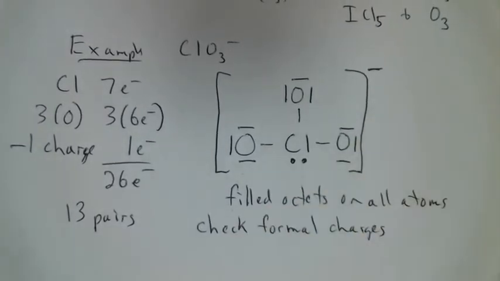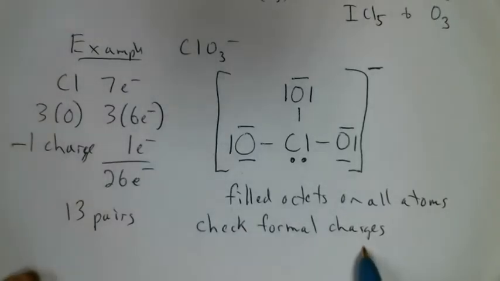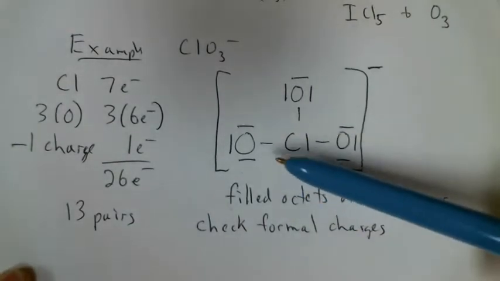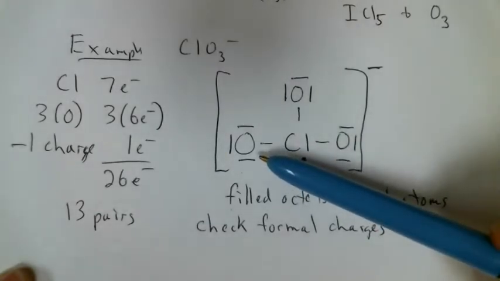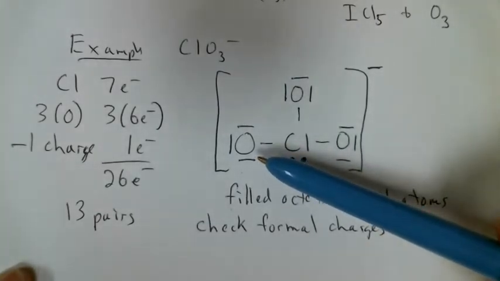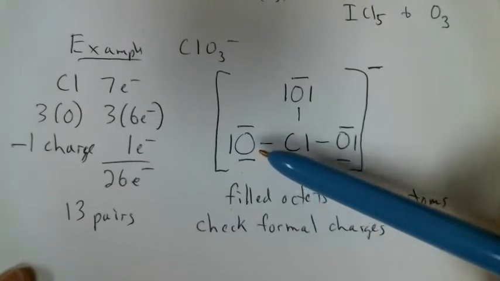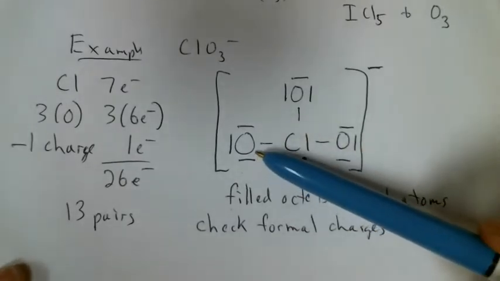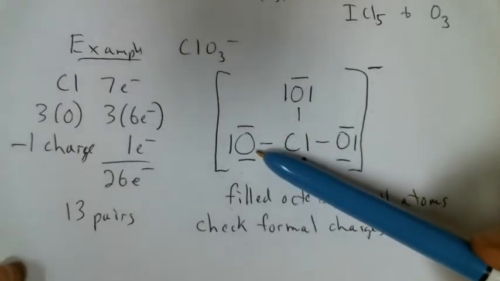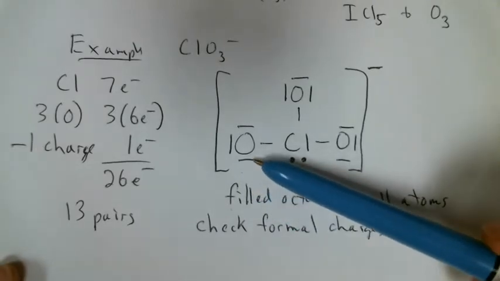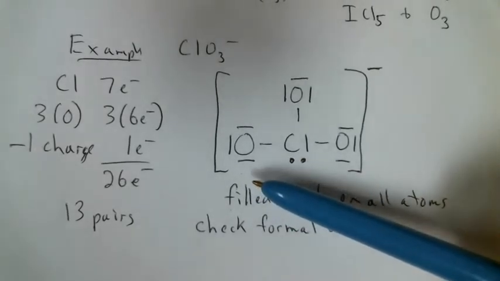All right, I'm going to write those in red. So remember, the way to get formal charges is how many valence electrons would the atom, the element, normally have if it's a neutral atom. So oxygen's in group 6, it's supposed to have 6. And then how many does it own? How many are on it in the structure?